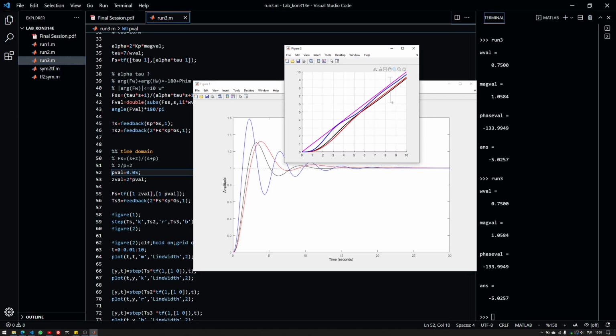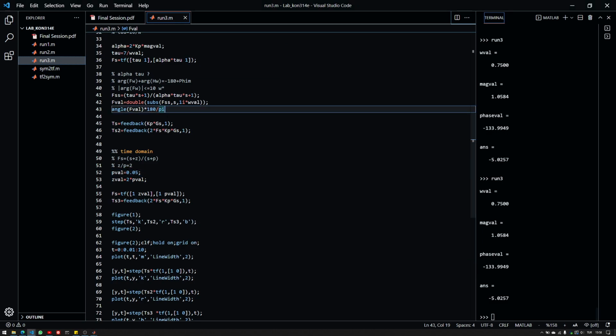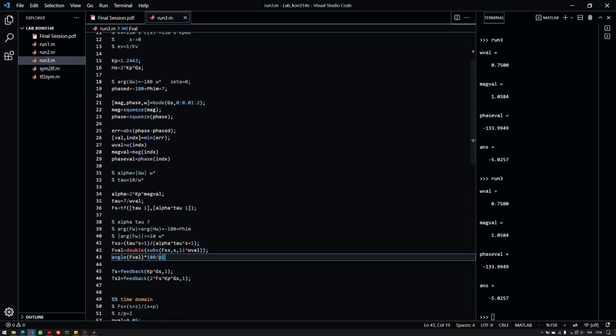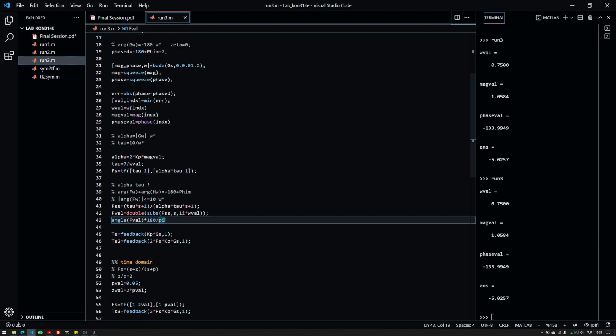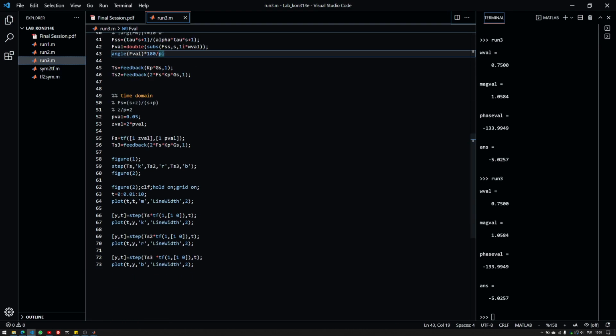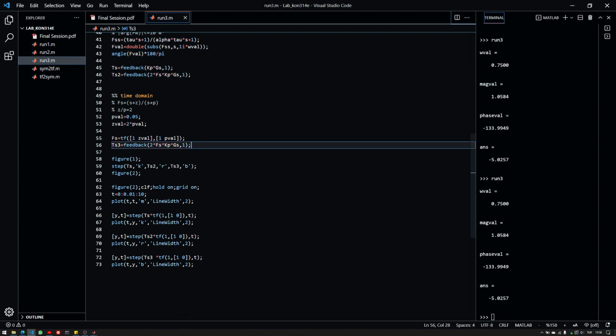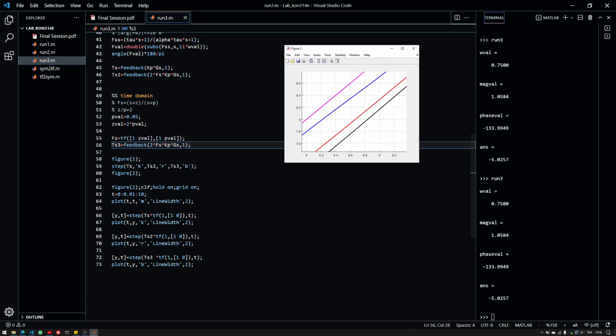But this is the way of using the time domain approach and the frequency domain approach to design a lag controller. It seems like the frequency domain is more appealing in terms of the results, and the time domain is still usable, but should be optimized a little bit. So that's basically it for this question.